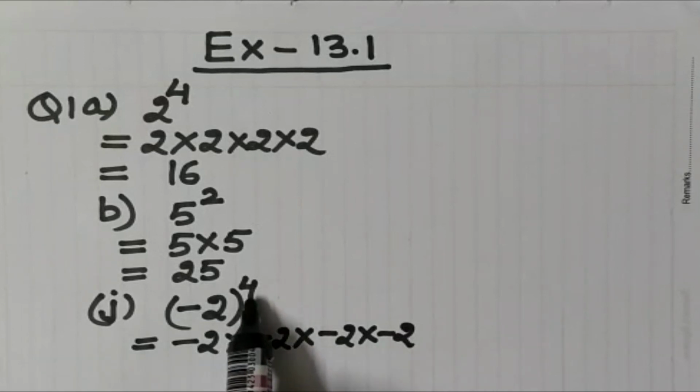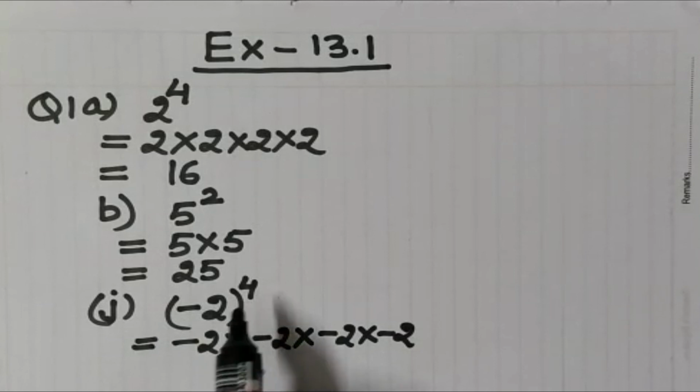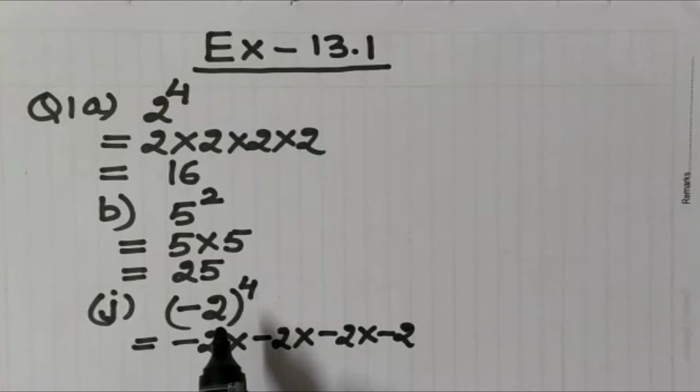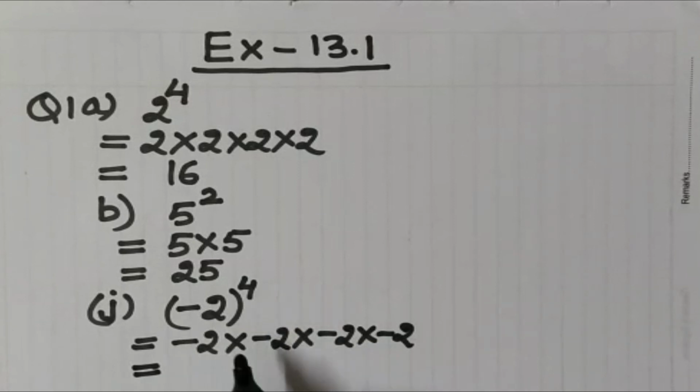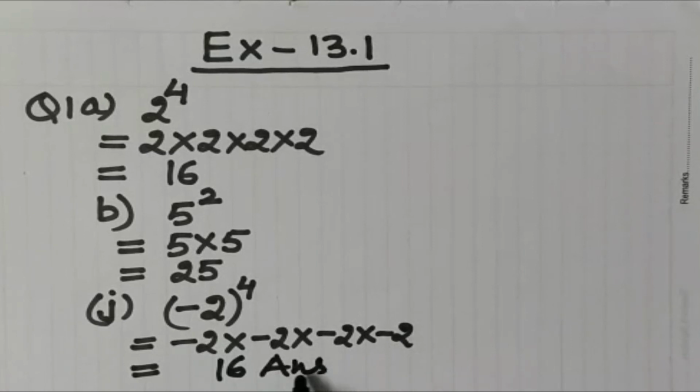If power is an even number, the product is positive. If power is an odd number, the product will be negative. So here power is even number, so 2 2s are 4, 2 4s are 8, 2 8s are 16, so 16 will be positive. Okay, so do the remaining sums in the practice notebook.